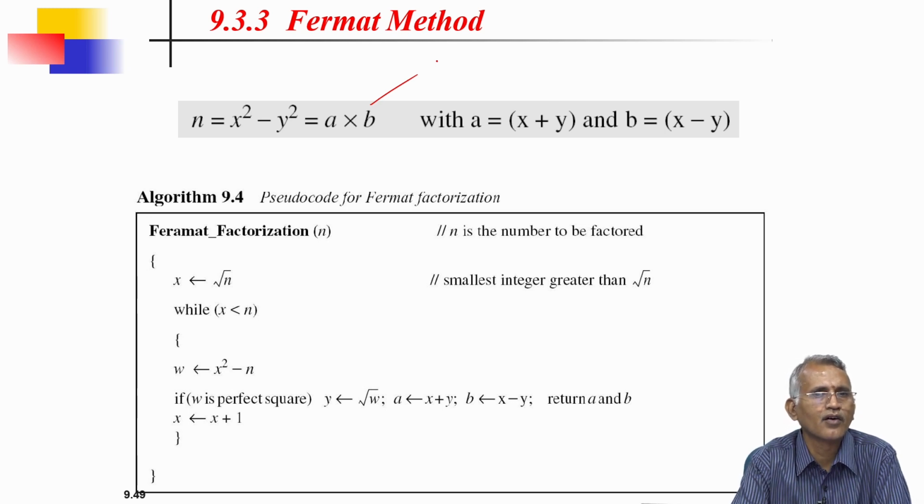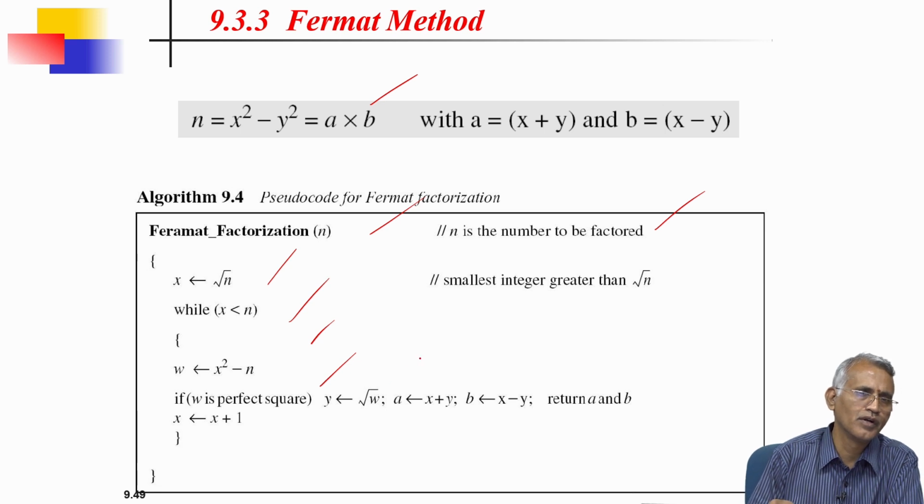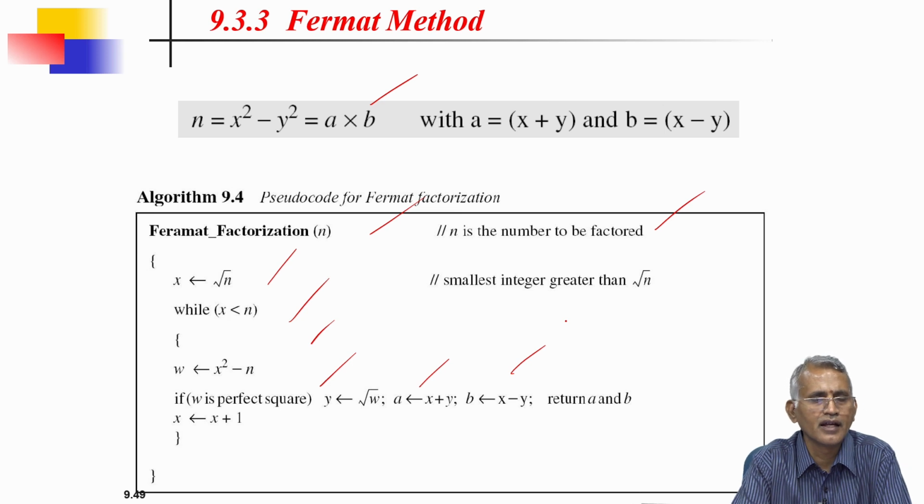Then, by the method of pseudocode of Fermat factorization, for Fermat factorization of n, where n is the number to be factored, x is root n, and while x is less than n, we have a loop: x square minus n is w, where w is a perfect square and y is equivalent to root w, and a is x plus y and b is x minus y, and return a and b.